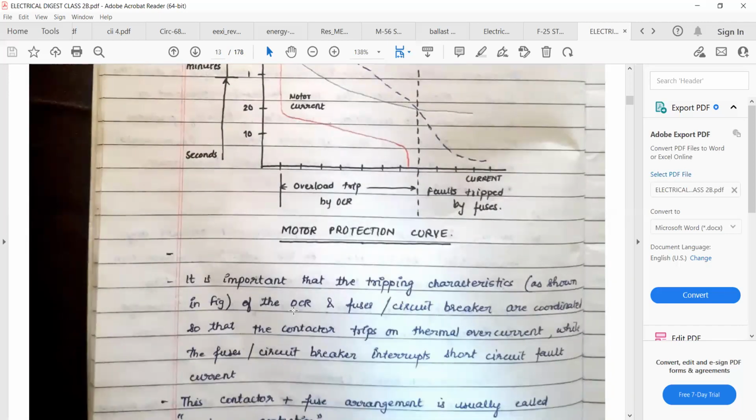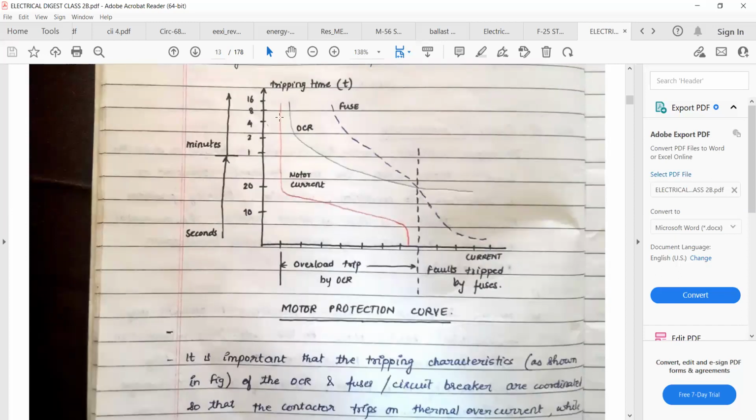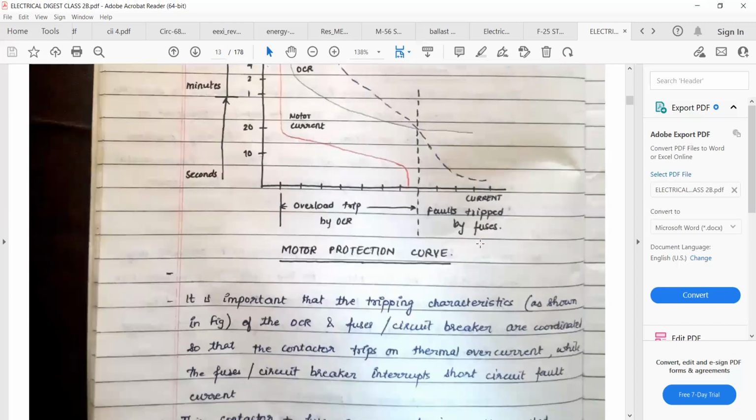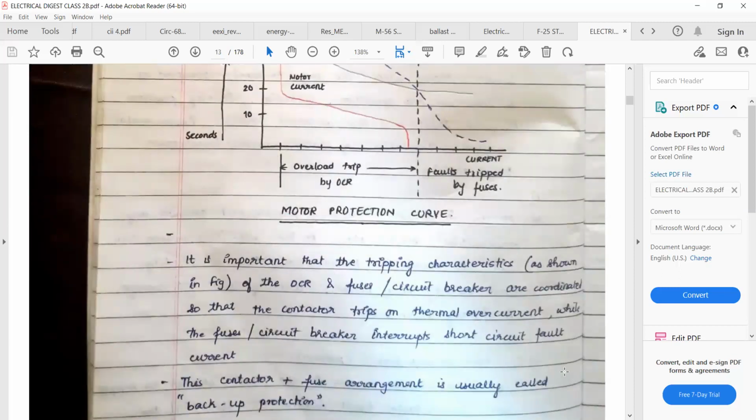So it is important that the tripping characteristics, as shown in the figure, of the OCR, fuse and circuit breaker are coordinated. This is the tripping time for the circuit breaker, this is the tripping time for the OCR, and this is the tripping time for the fuse. They are coordinated so that the contactor trips on thermal current while the fuse and circuit breaker interrupt the short circuit current.